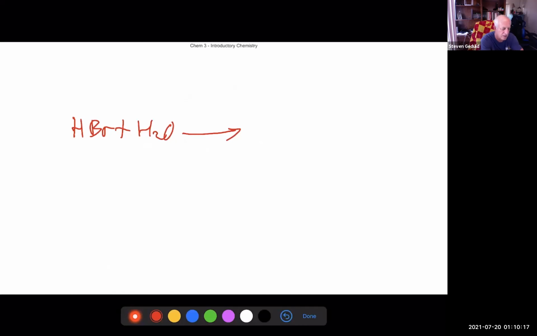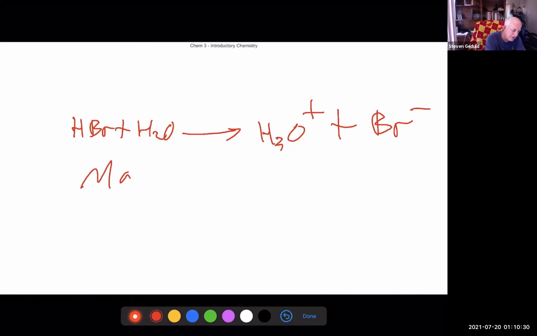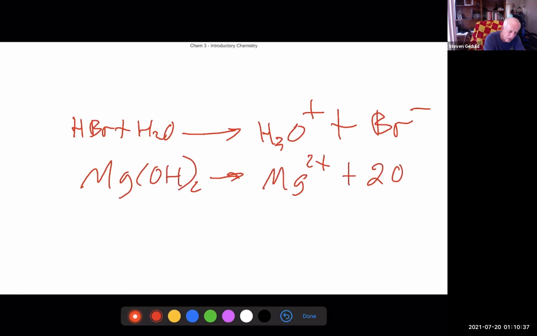So you're going to get the hydronium ion, H3O+ and Br-. Now we have magnesium hydroxide dissolved in water. Magnesium hydroxide is a base. It goes to Mg2+ plus 2 OH-. So you're producing OH-, it's a base. If you're producing H+, that is an acid. And it can be written as H+ or H3O+.